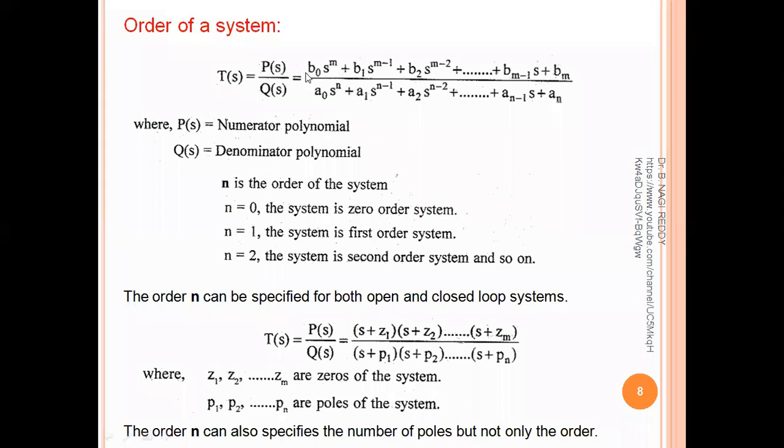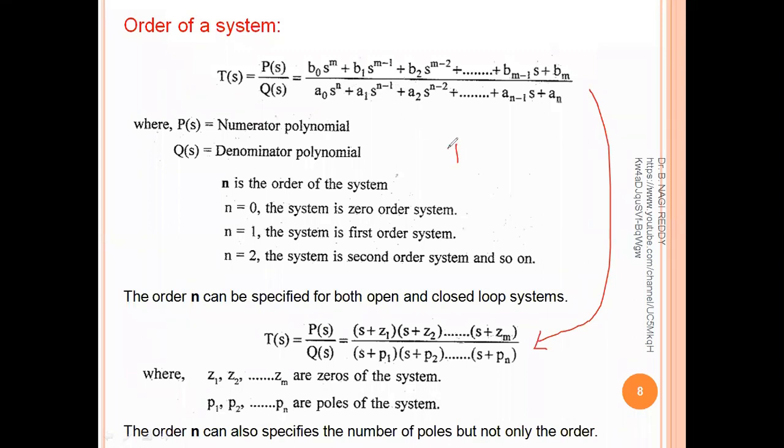You can see, for this particular transfer function, if we want to write it in terms of zeros and poles, we can replace this equation with this equation. So the numerator and the denominator, you can see, we have this equation format.